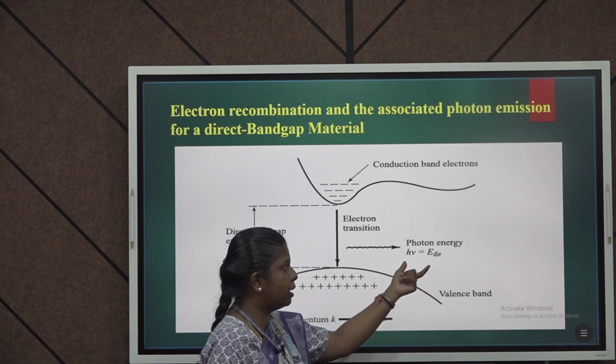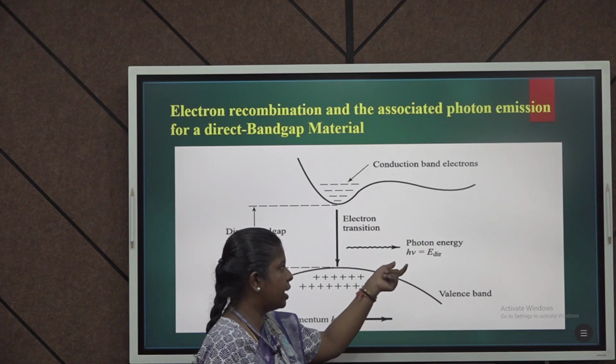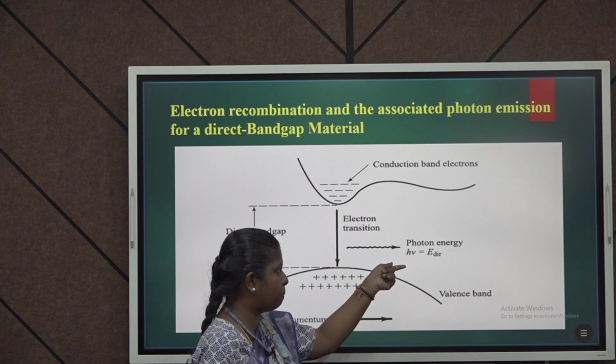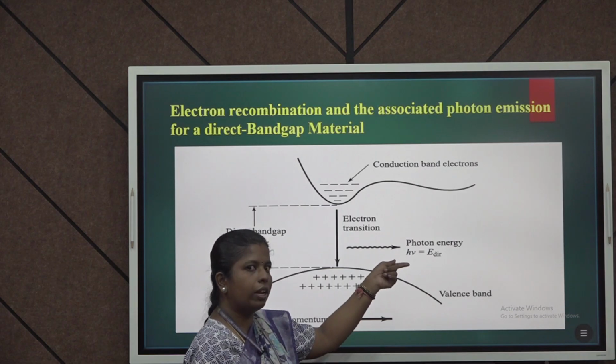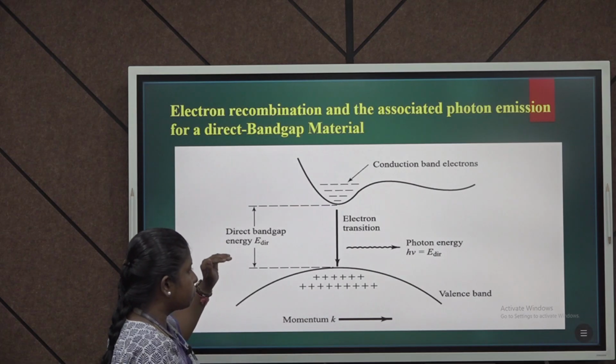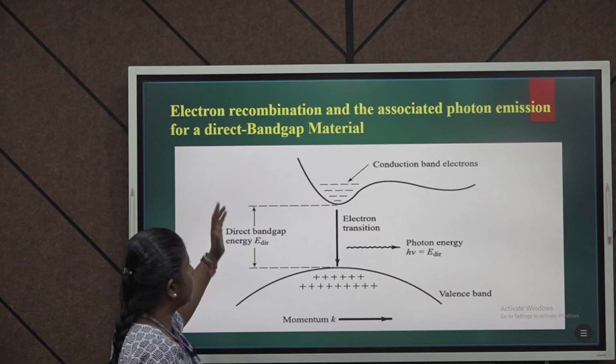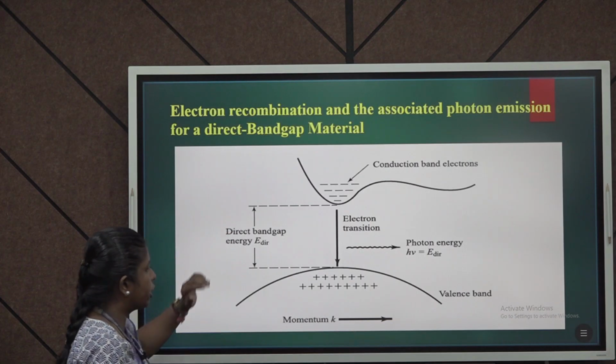Similarly, we obtain E equals h nu. E is the photon energy, h is Planck's constant, and nu is the frequency of light. Only external energy is required in the direct band gap material.